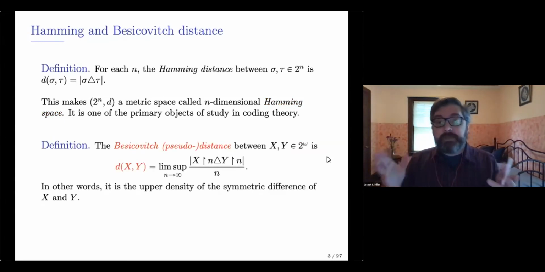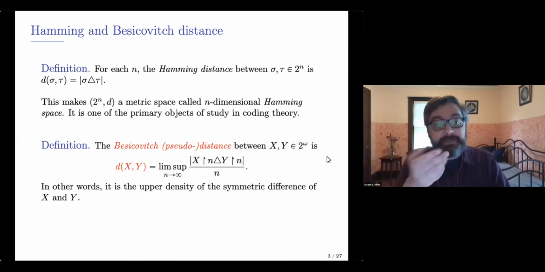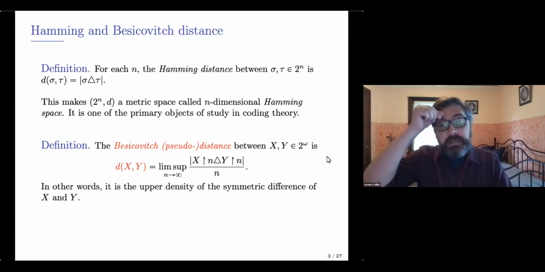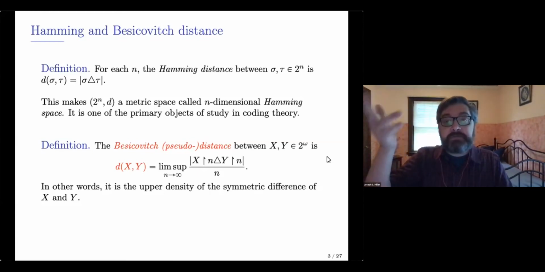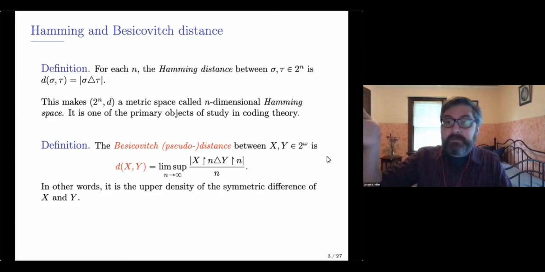Now, if I want to find the distance between two sequences, a natural way to do it is to look at the size of the symmetric difference of x up to n and y up to n, divide that by n, and take the lim sup. So it's the upper density of the symmetric difference of x and y. That's the distance between x and y.